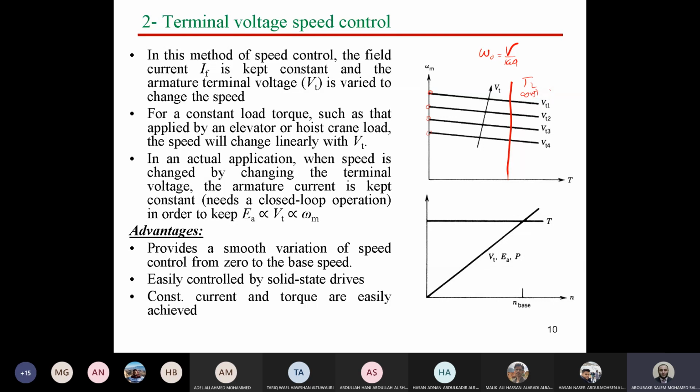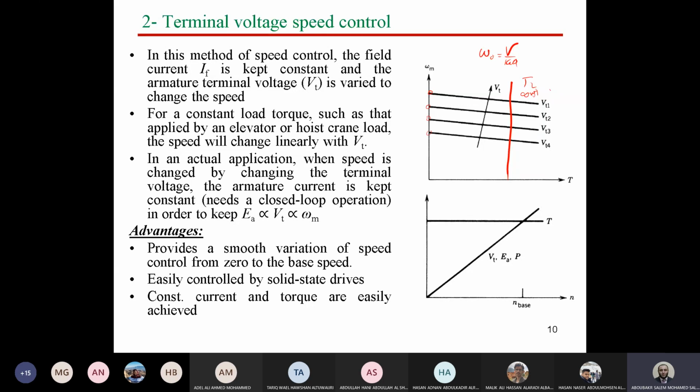What is the name of this control technique? It's called direct torque control. Direct torque control makes the decoupling between flux and torque in order to keep torque constant like in DC motors. So we have the advantage of the DC motor, which does not exist in the induction motor, which is the linear relation between torque and current.